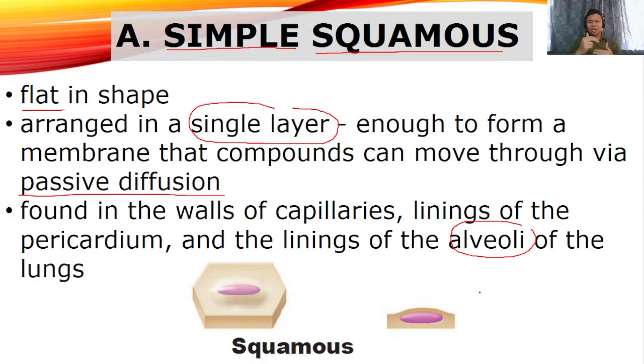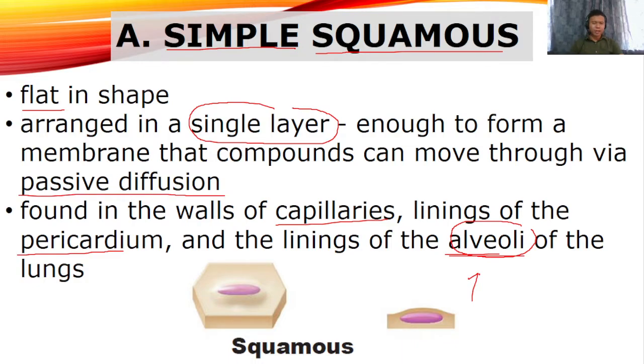So there is an exchange of oxygen and carbon dioxide in the alveoli, and we can successfully inhale air and exhale carbon dioxide because of the thin lining of the simple squamous. Also, they are found in the walls of capillaries, linings of the pericardium, and the linings of the alveoli.